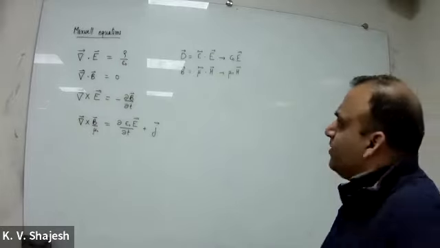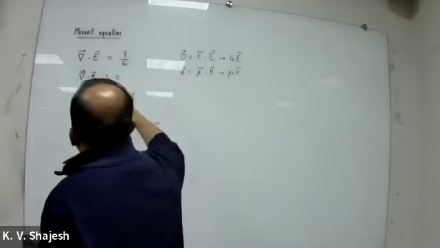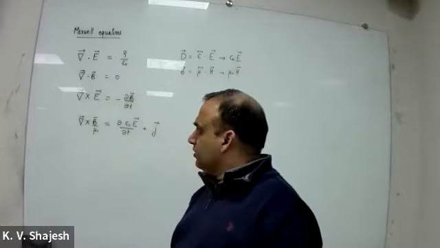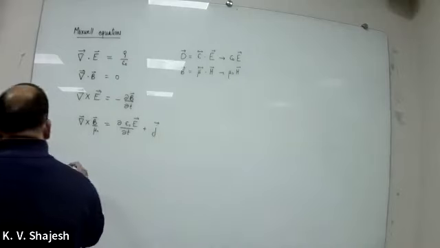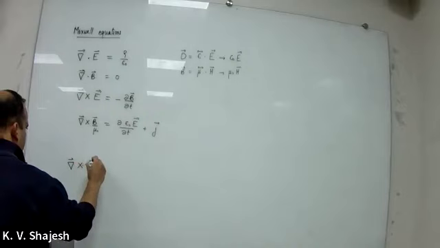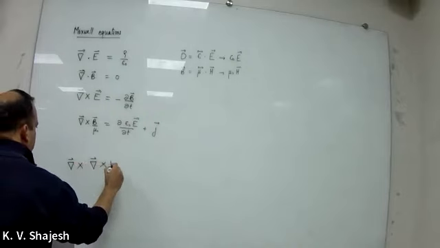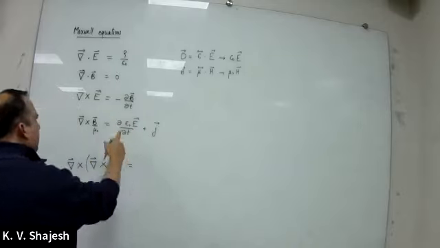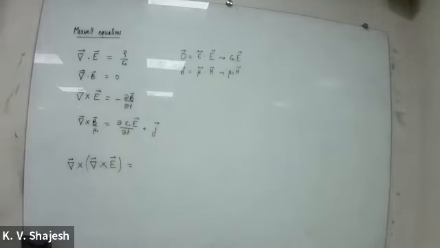Let's manipulate these equations. Let's take the curl of the third equation. We have curl, and curl are derivatives with position and time, and they commute.